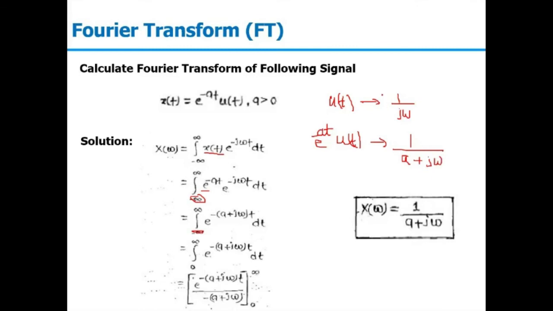But just for introduction, we are saying that if we have a signal x(t) and its corresponding Fourier transform X(jω), then for the function e^(-at) x(t), its Fourier transform will be X(a plus jω).